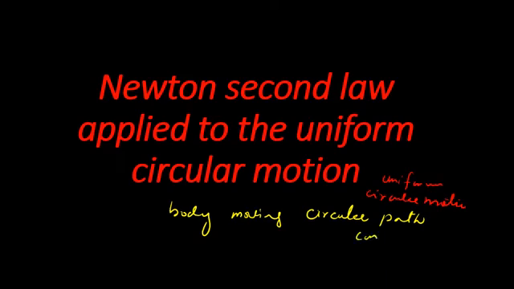So speed should be constant. And any body moving in a circular path with constant speed experiences an acceleration which is called centripetal acceleration.